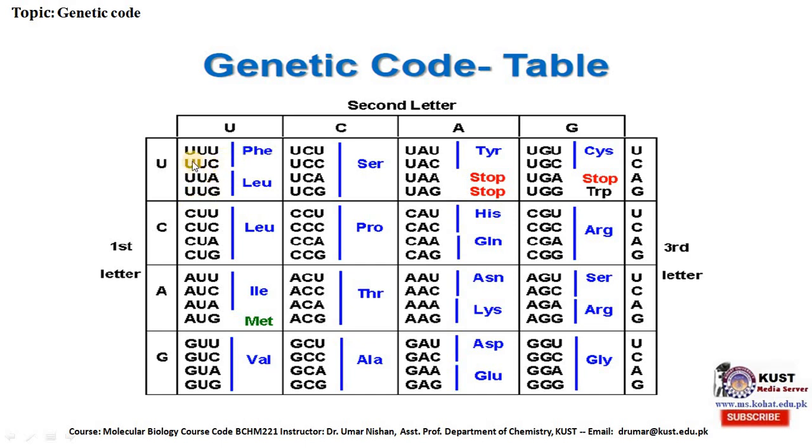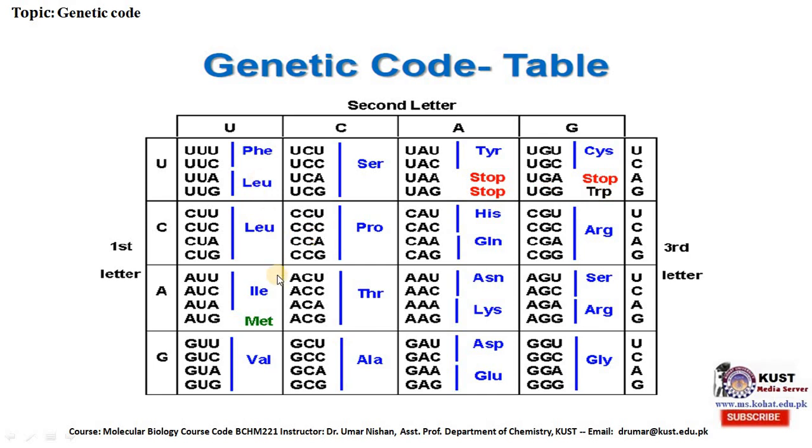These two code for this amino acid, these can code for leucine, these 4 can possibly code for serine, these 2 for tyrosine. UAA and UAG are stop codons along with UGA. UGU, UGC for cysteine, UGG for tryptophan.